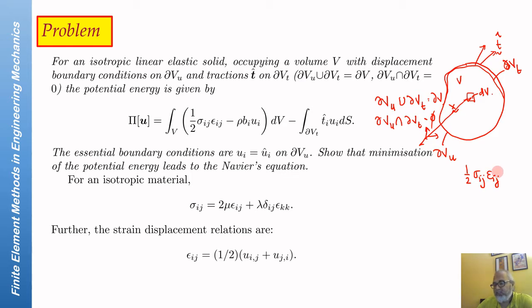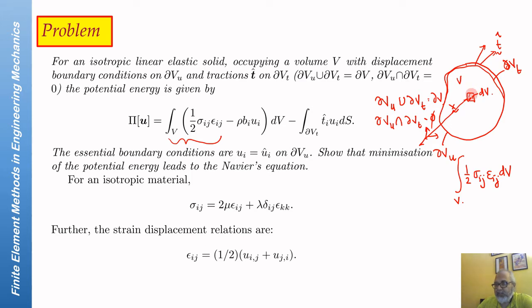So this is the strain energy per unit volume. This is the total strain energy stored in this small element. Integrated over the whole volume, you get the total strain energy stored in the body. So this first term is the total strain energy stored in the body.